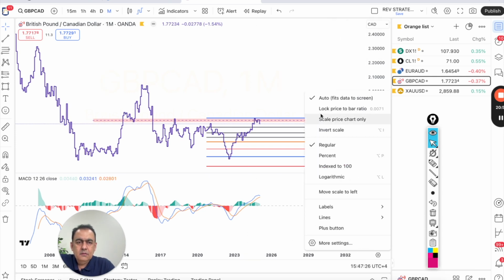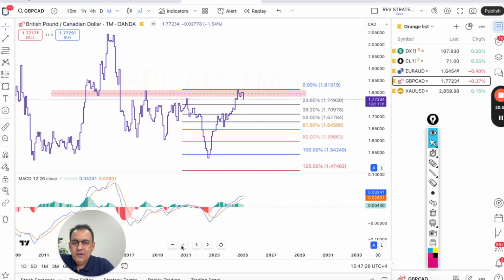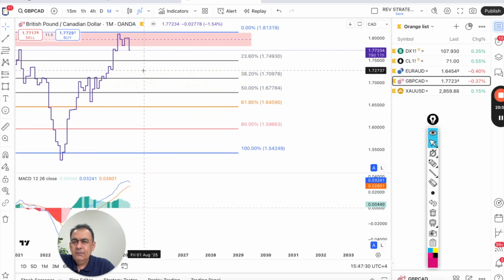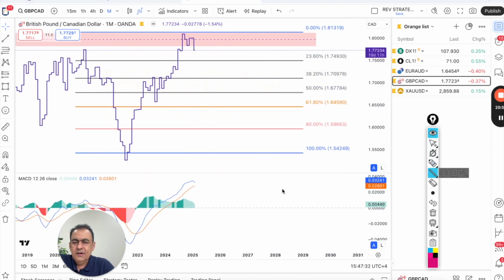We need to align the chart. Okay, it's fine. So here on the monthly time frame, I can see the buyers are exhausted because we have continuing style divergence, and MACD lines are now converging, coming closer to each other. Signs of exhaustion. And now the price pattern is also making a lower high.